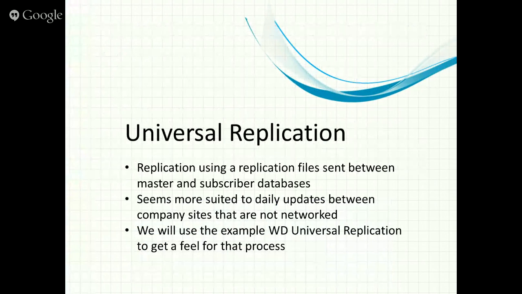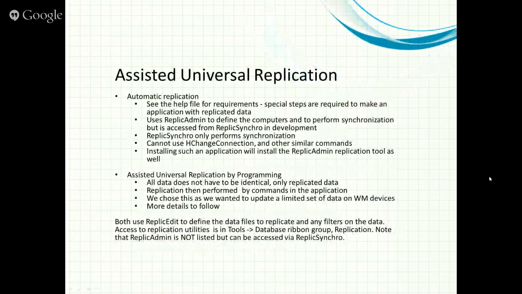The universal replication, not the assisted universal replication, just sends files between a master and subscriber, and then they apply those files and then send back any changes. And there is an example with WinDev for that, and we'll look at it right quick.